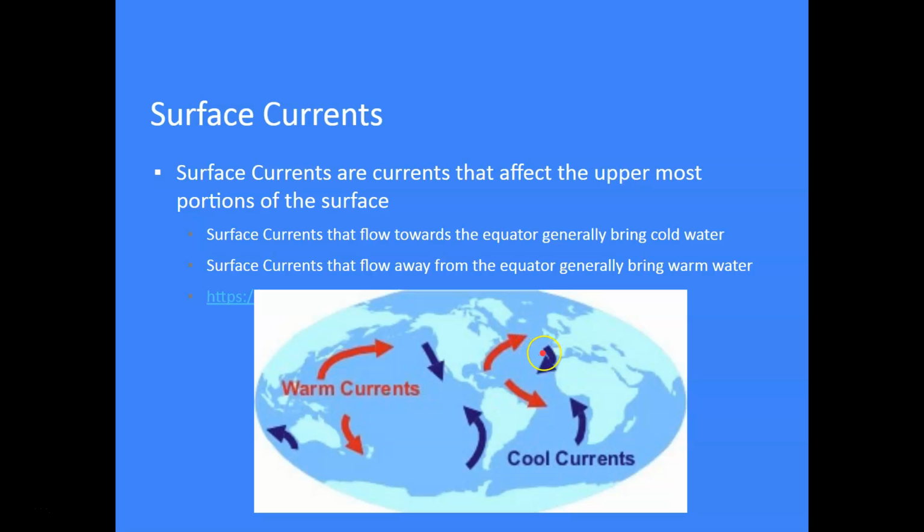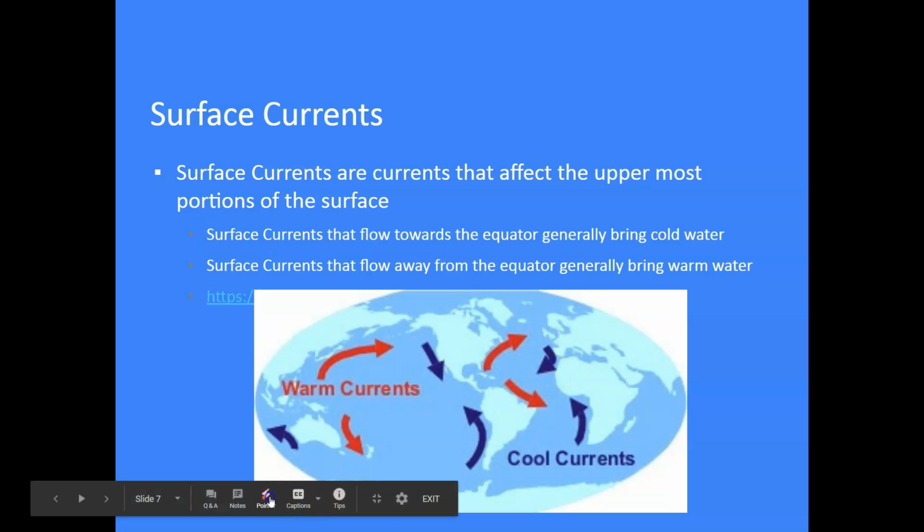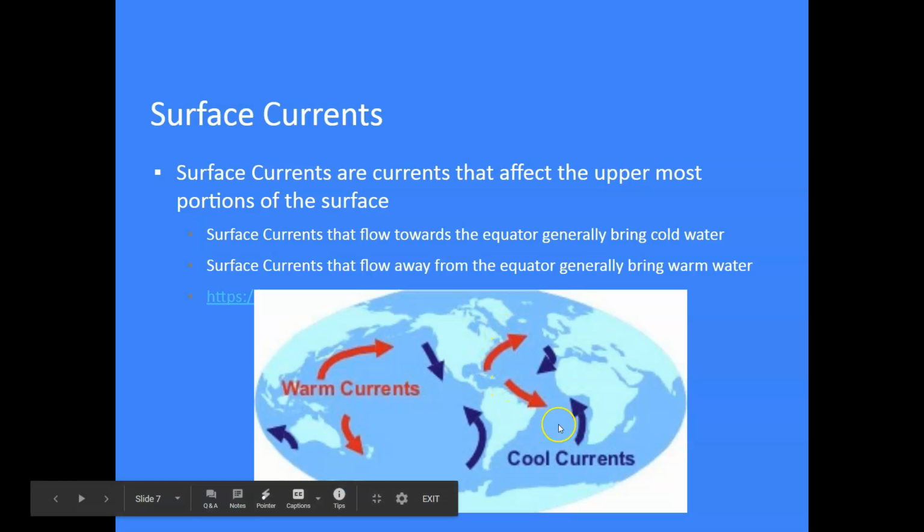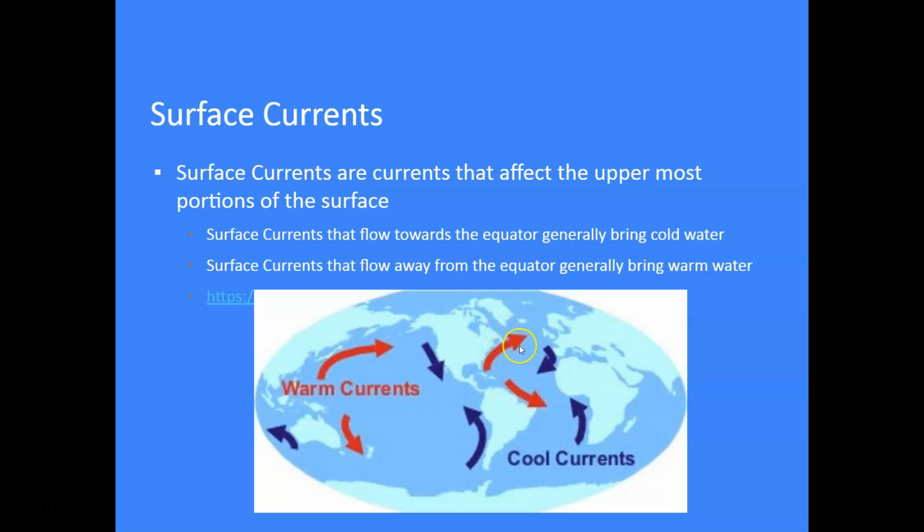Now I need you to remember, as we move on to the climate impact, the property of water from the second slide, which means that it takes a long time to heat water and a long time to cool water down.